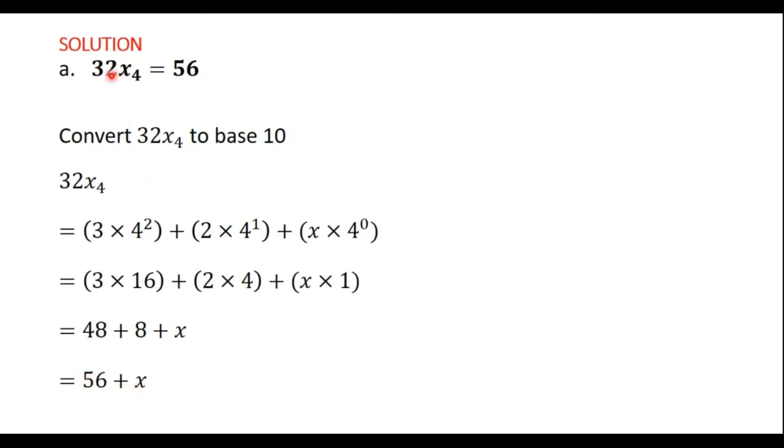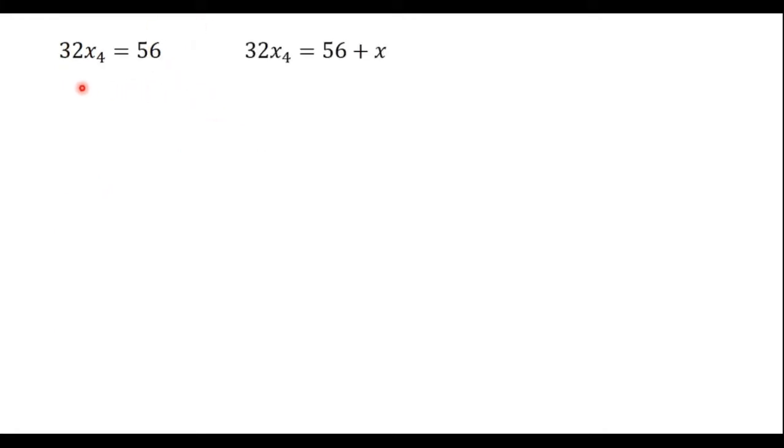So we now have 32x base 4 also in base 10. In base 10, we have 56 plus x. The other side is already in base 10, so we can equate this to that. We now know that 32x base 4 is the same as 56 in base 10.